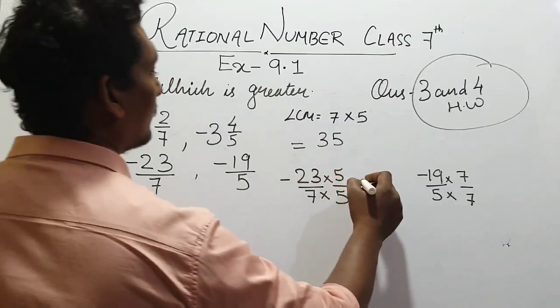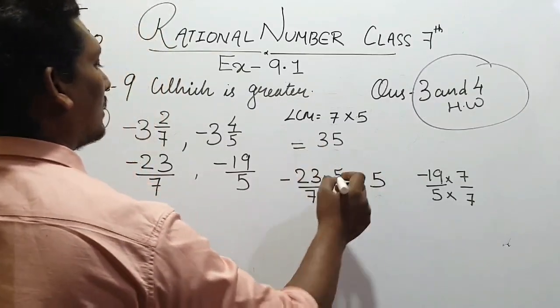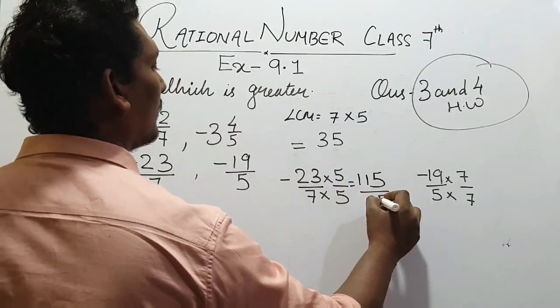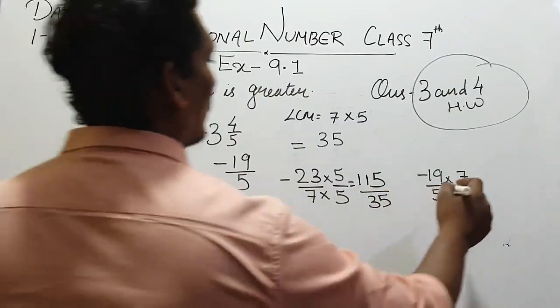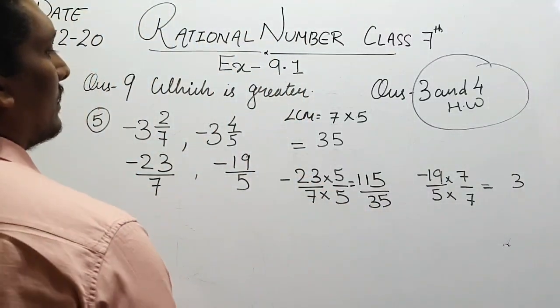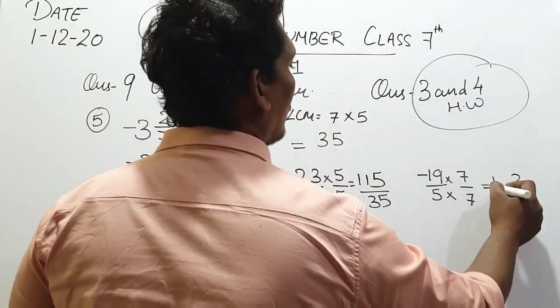So 5 threes are 15, carry 1, 10 plus 1, 11. So 115 upon 35. 7 nines are 63, 7 ones are 7, plus 6 is 13.